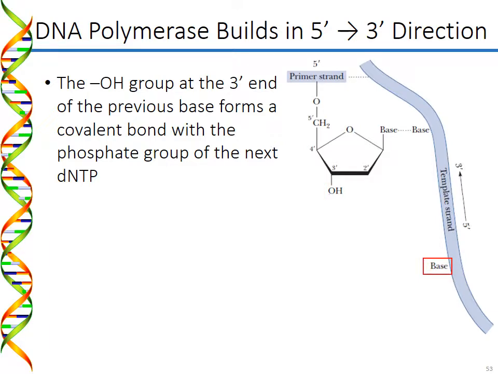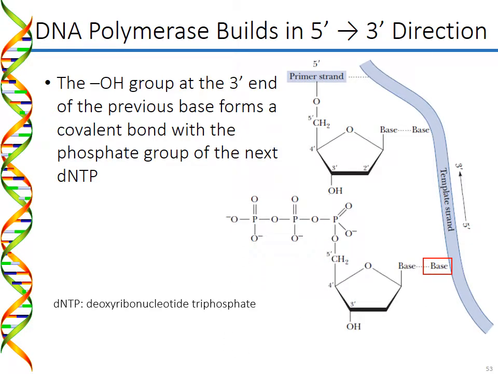Down here we see the base of the next nucleotide that will be added. This base is further up 5' on the template strand. If you notice, the 5' to 3' directionality is pointing up the slide. However, that base is 3' if we're using the reference of the newly synthesized strand's directionality.